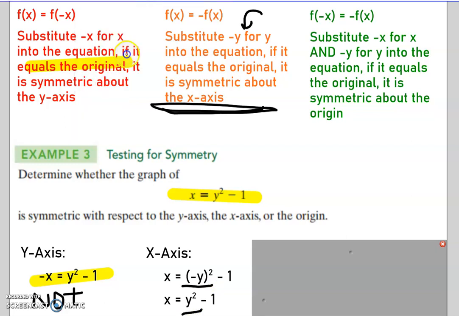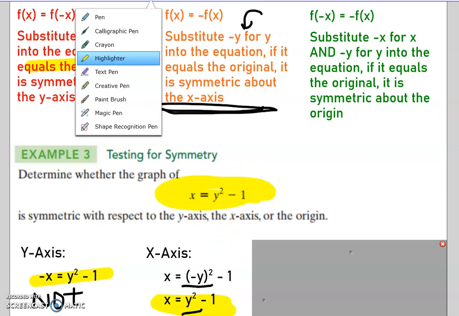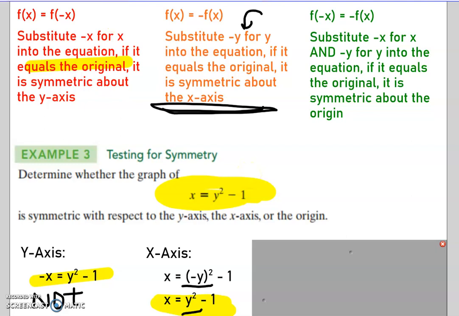And again, I'm done simplifying and I compare. Is this equation equal to my original? Well, yes it is, right? Notice they're the exact same. So far I can say that this graph is x-axis symmetric. If I graphed it, it would be symmetric with respect to the x-axis.